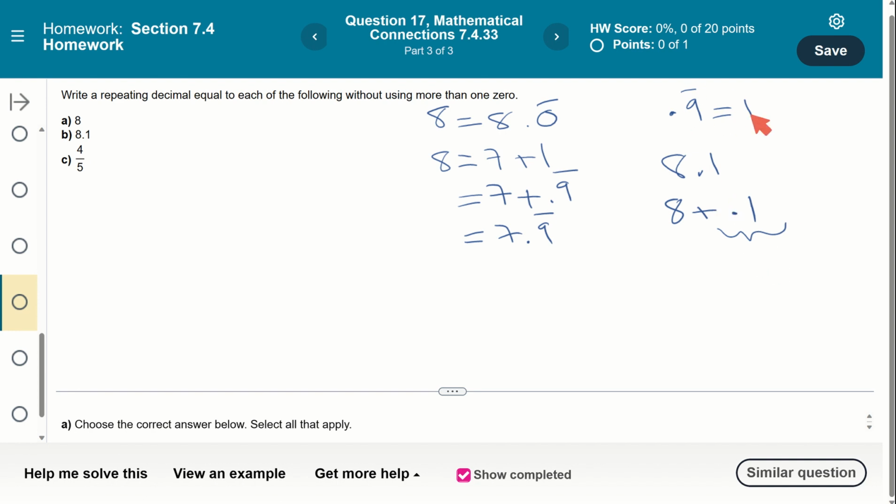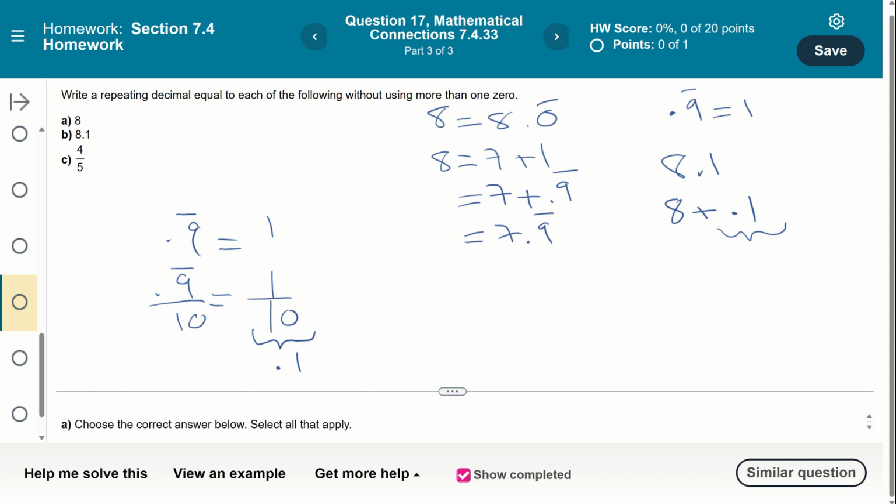So if you just take this and divide both sides of this by 10, you have 0.9 bar equals 1. So 1/10, which is of course the same as 0.1, can be thought of as 0.9 bar divided by 10.